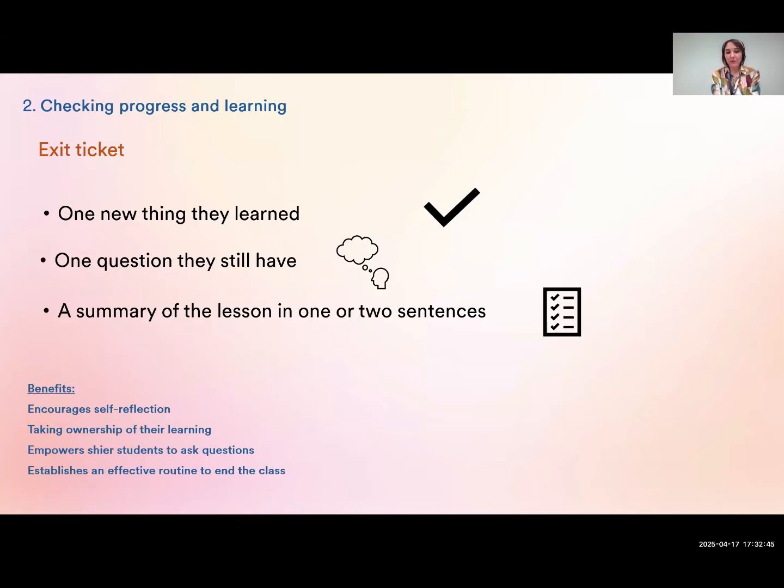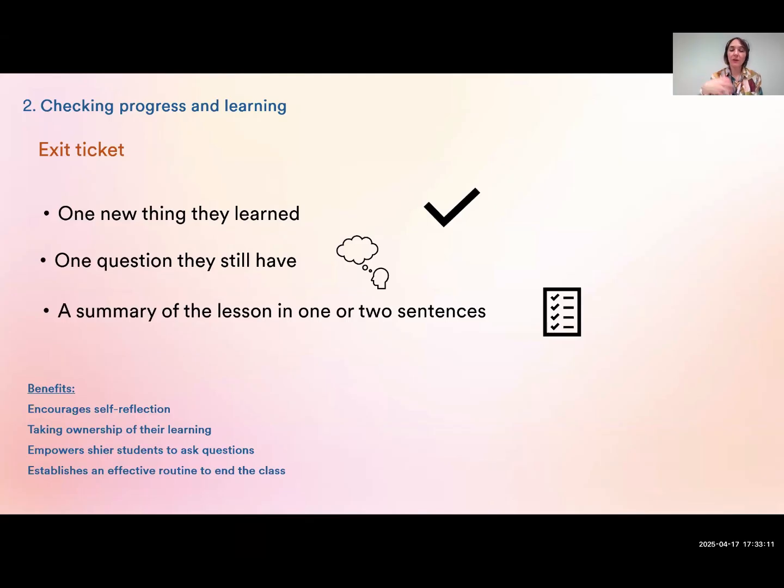You will definitely encourage self-reflection, because students need that time to think, okay, what did I learn? As I said, it might not be obvious to them, so you want to ask them the question, not because they don't get it, but because we want to encourage that self-reflection, and also to take ownership of the learning.